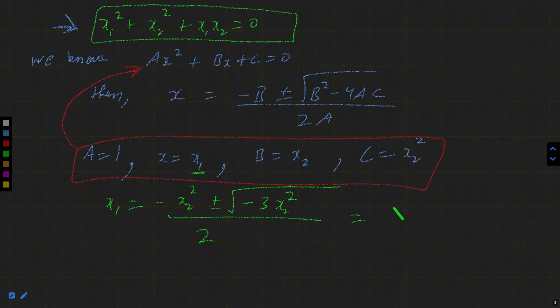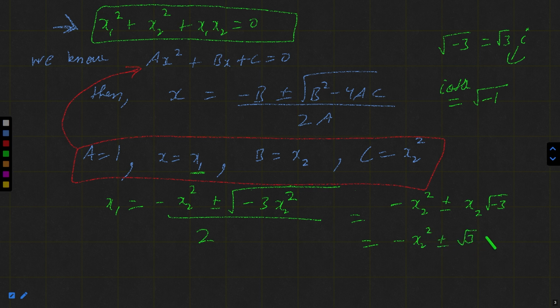So the value of x1 is minus x2 plus minus x2 root minus 3, and we know root minus 3 equals root 3 i, where i is iota, the imaginary number root minus 1. So this means minus x2 plus minus root 3 x2 iota, divided by 2. This x1 will be a complex number.